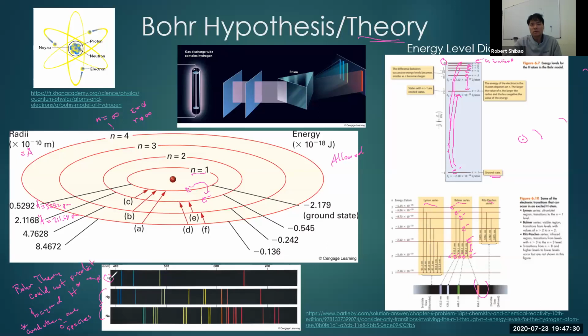And so the next most complicated atom is helium. Hydrogen is fine, but helium fails. When you try to apply this to helium, it couldn't predict the lines. And so something was wrong with the Bohr theory. The Bohr theory had to change or evolve because, in other words, it was abandoned.